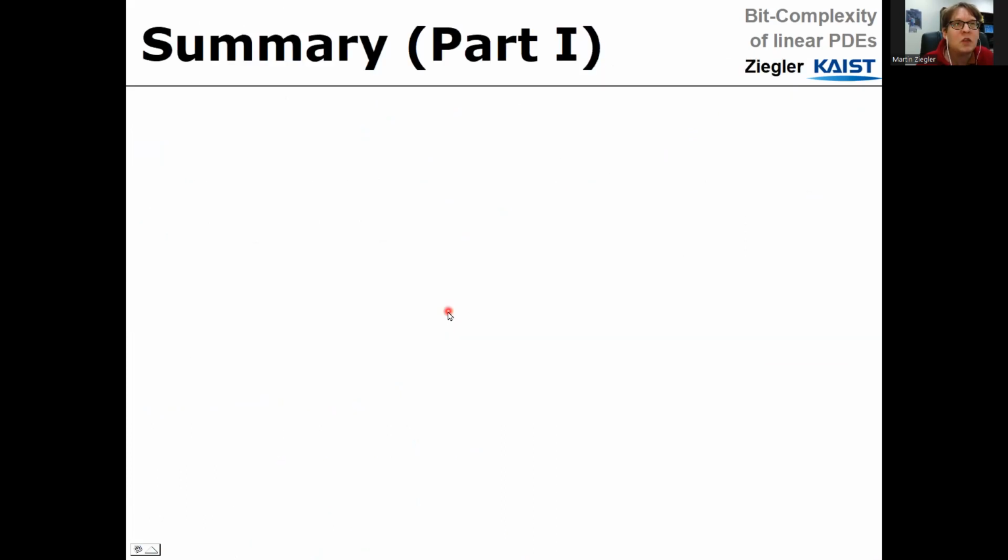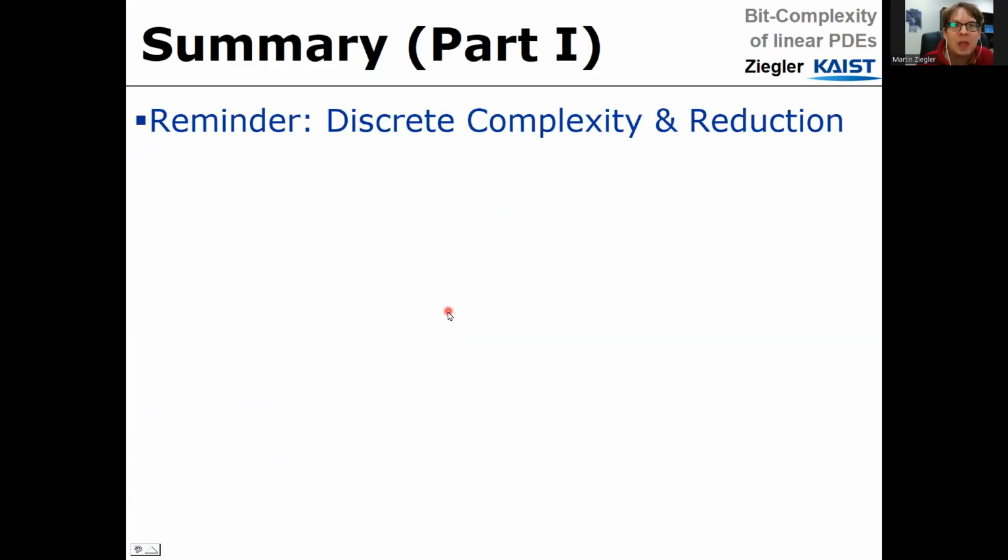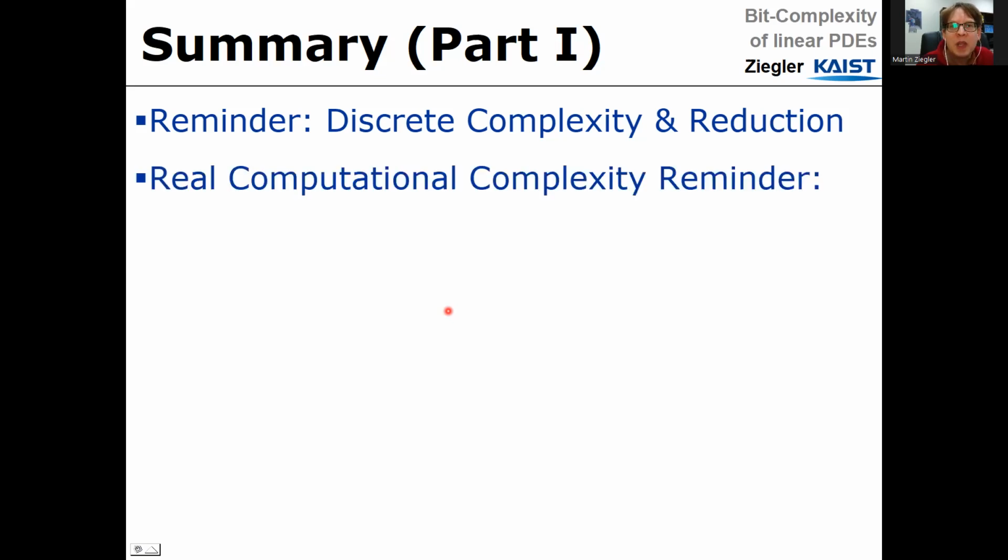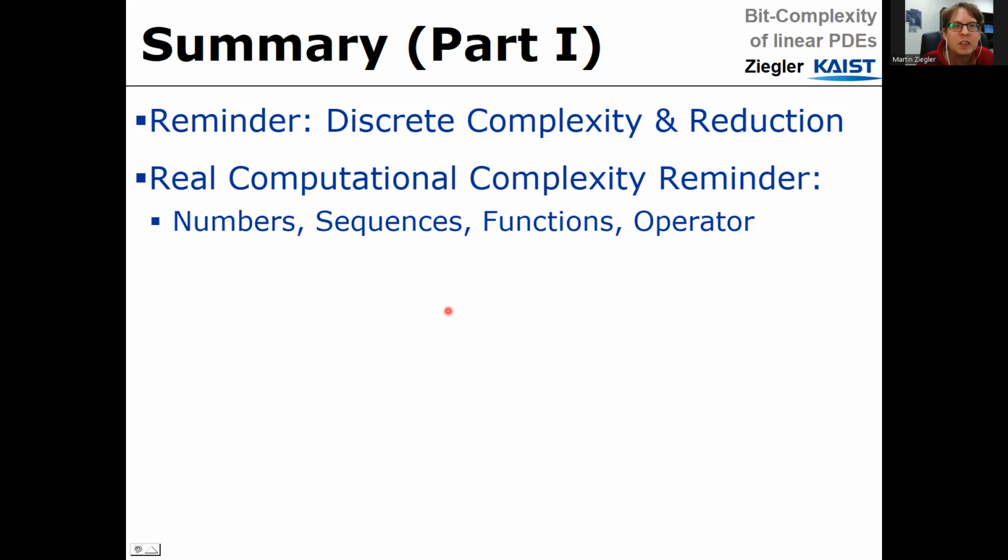So to summarize part 2, I've reminded you of discrete complexity classes and reductions, and in particular why the notion of completeness cannot apply to the continuous setting of real numbers, real functions, and real operators. Instead, we defined real computational complexity for real functions, sequences, and operators.